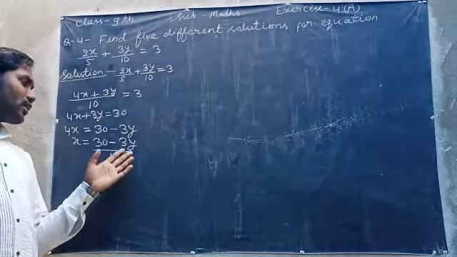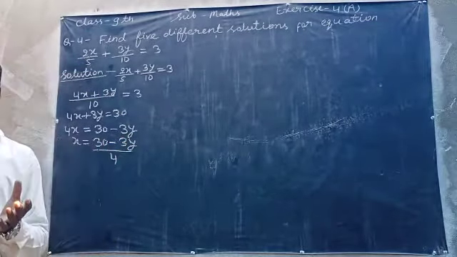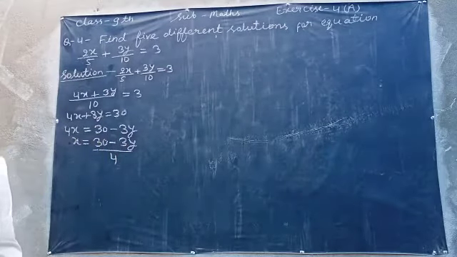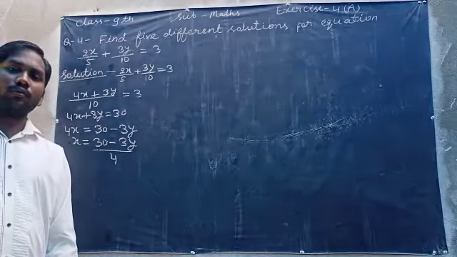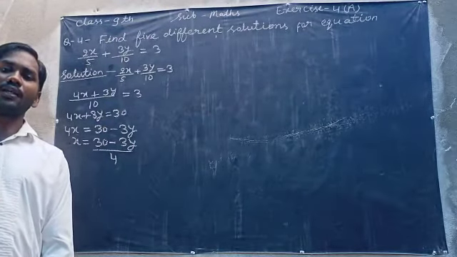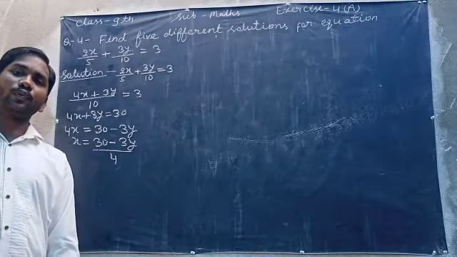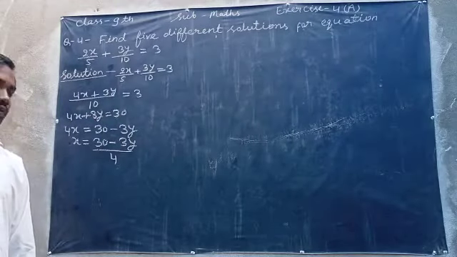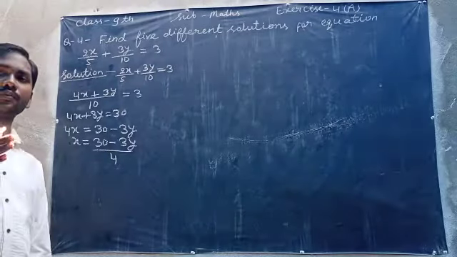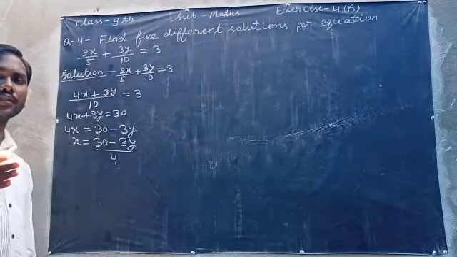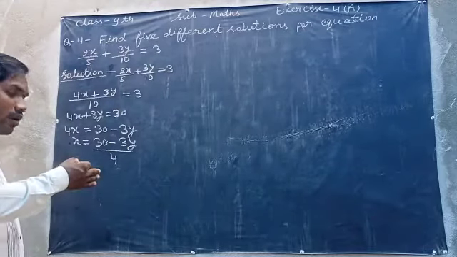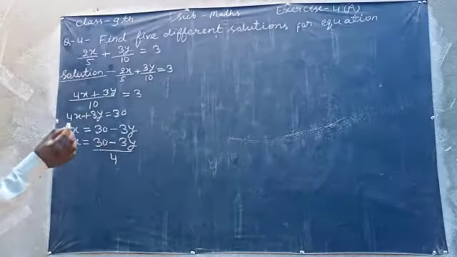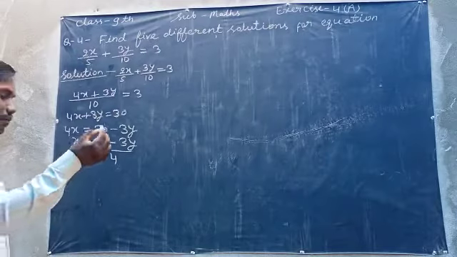In this condition, when we put the value of y, we will get the value of x. So for finding the values of x and y, we will put one value and we will get the value of the other variable. Here we will put the value of y and get the value of x.